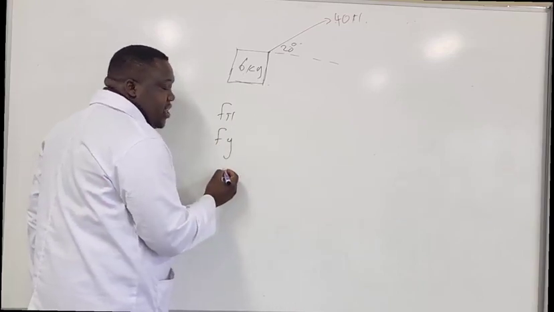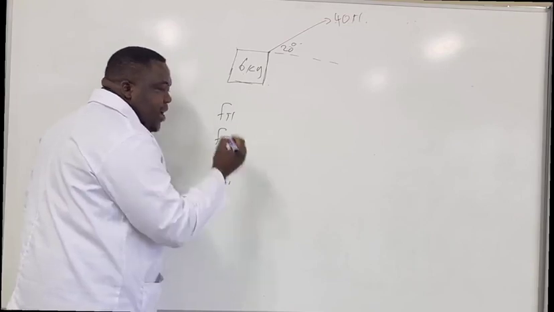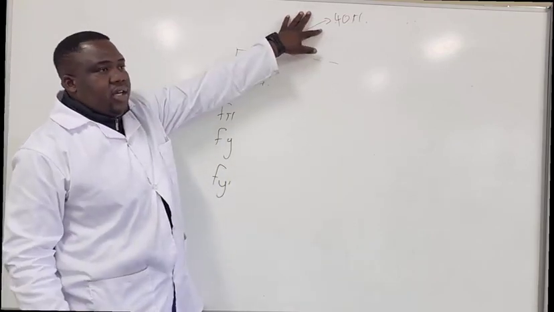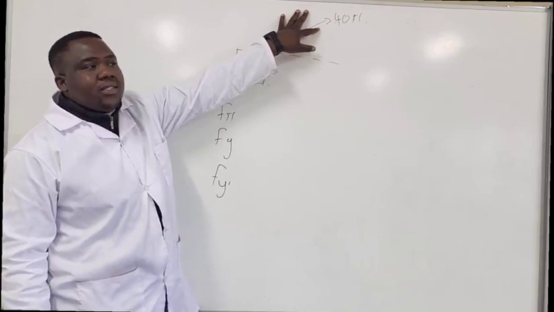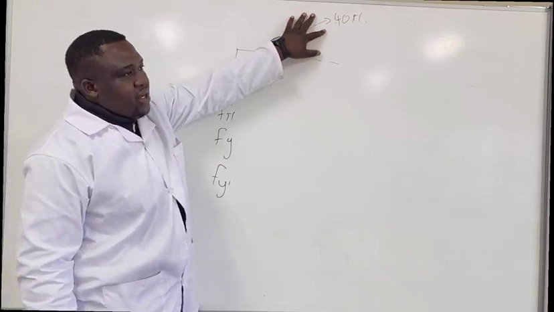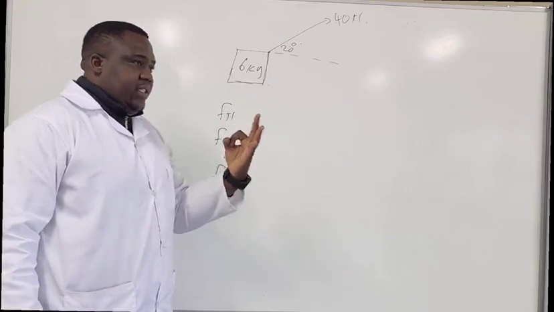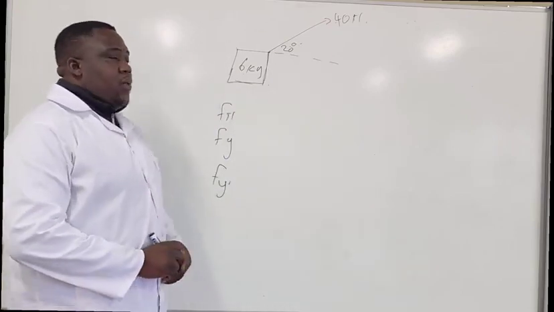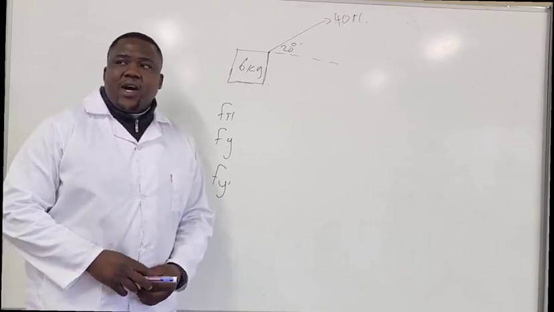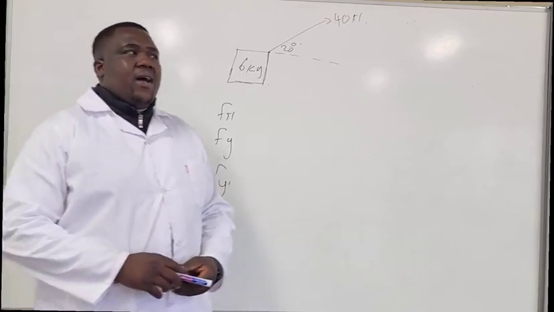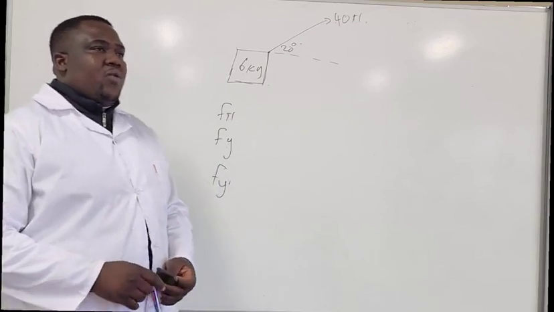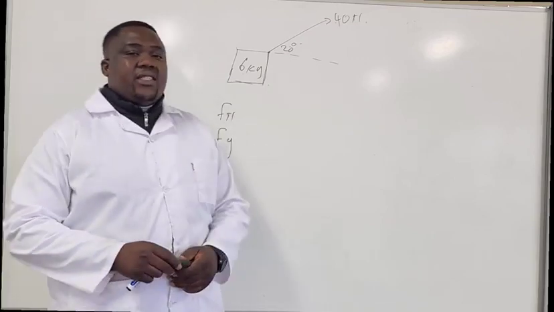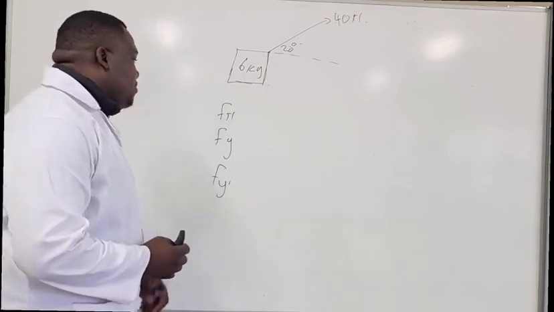The third one is Fy, because I just told you that this force can be resolved into components. So we have got three forces which are acting vertical. When we calculate the normal force, we focus on the forces that are acting vertical.